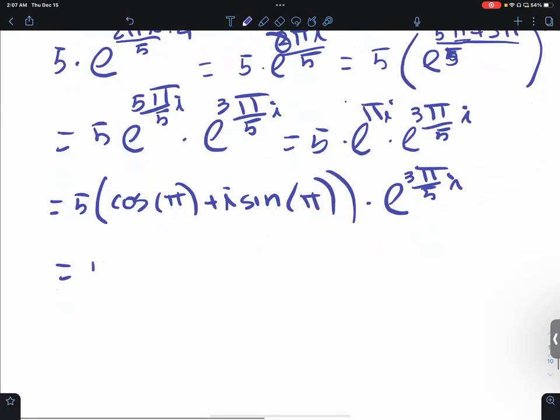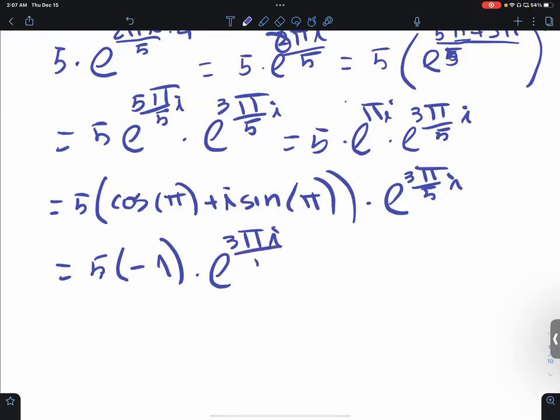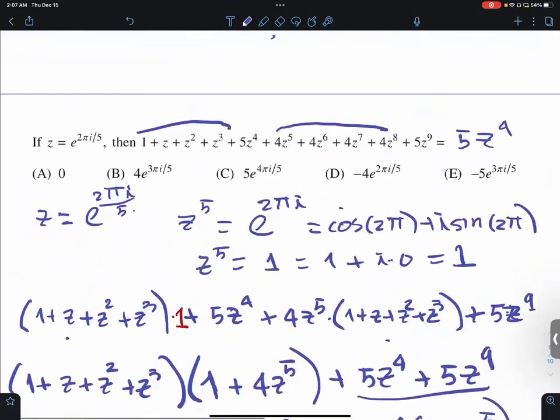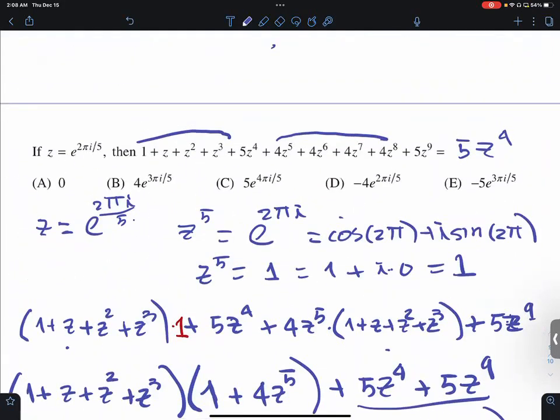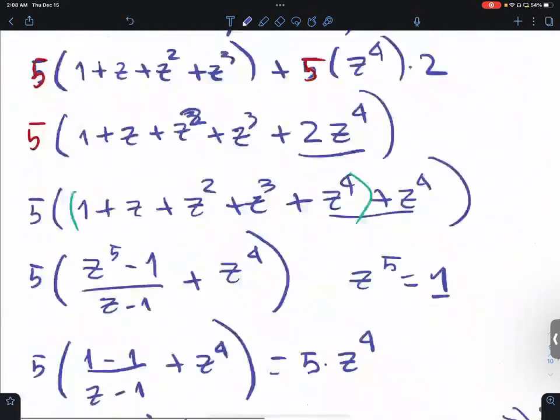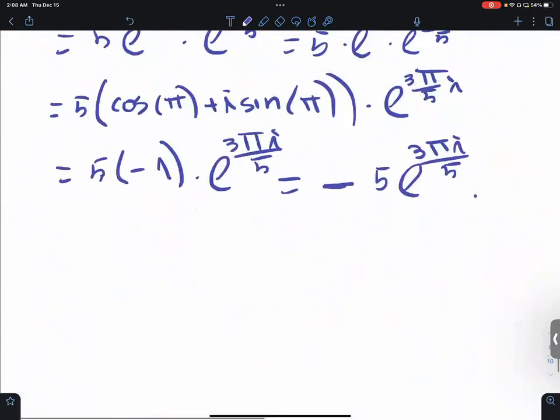Therefore, this is going to be 5 times -1 times e to the 3 pi i over 5. And the final answer is going to be -5 e to the 3 pi i over 5. Therefore, the answer is -1. The answer is E. The answer of this problem is letter E.